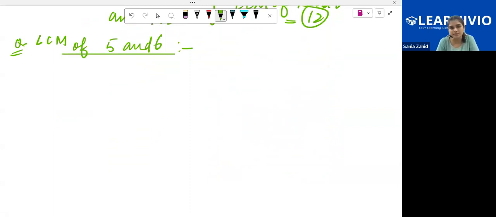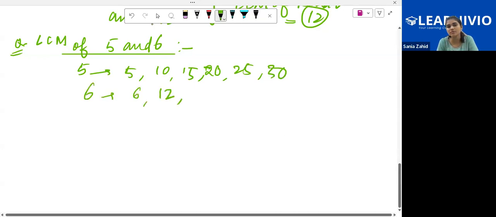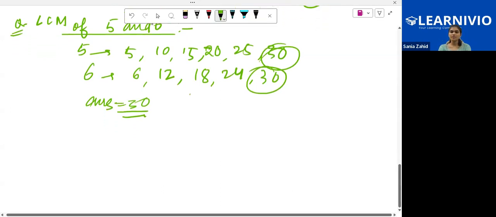Very good, it's 30. 5 will be 5, 10, 15, 20, 25, and 30. And for 6, you'll have 6, 12, 18, 24, 30. So the first multiple, the common one, is 30 only. So the answer comes out to be 30. Clear?